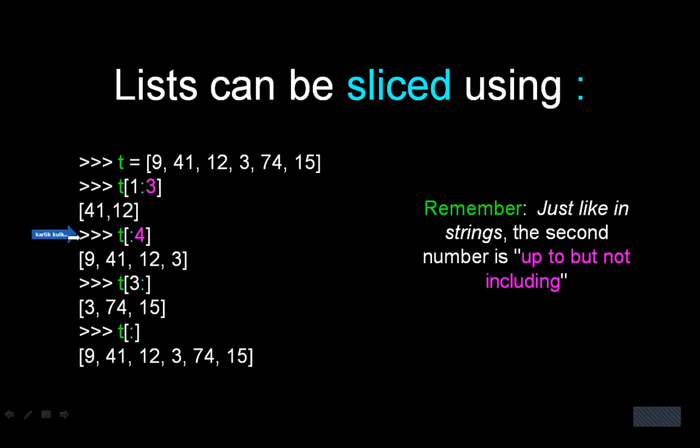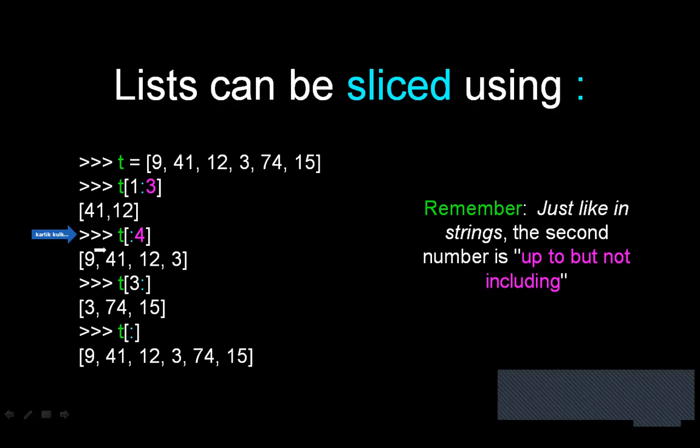But in this statement I have not specified the starting index number. If I have not specified it, what value is going to be taken? By default it always begins with 0.